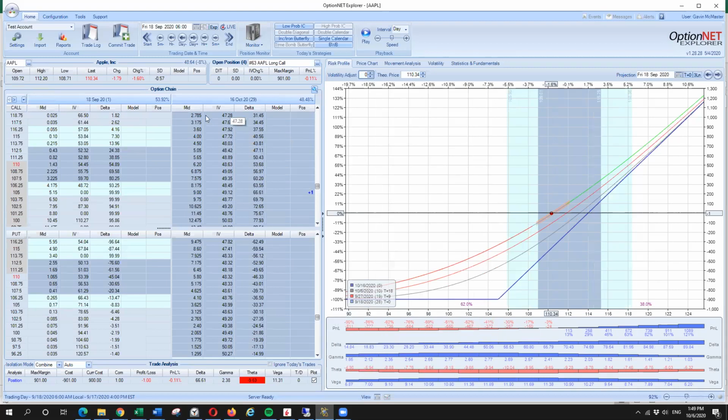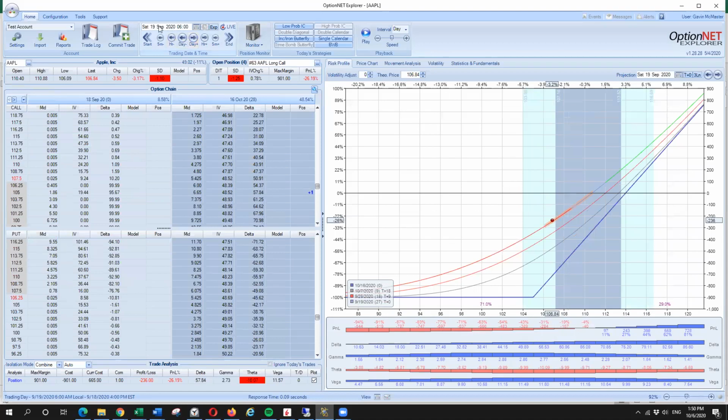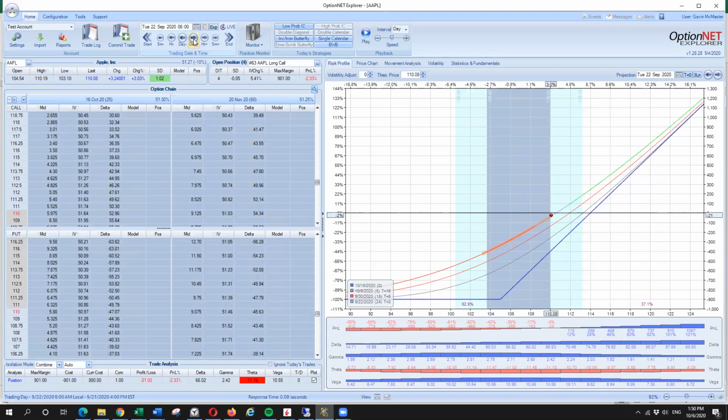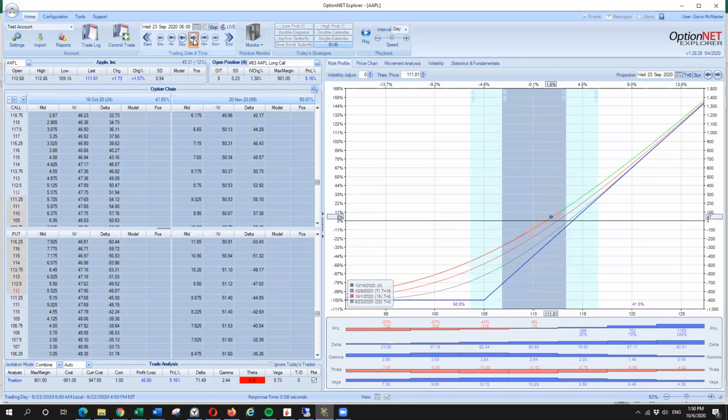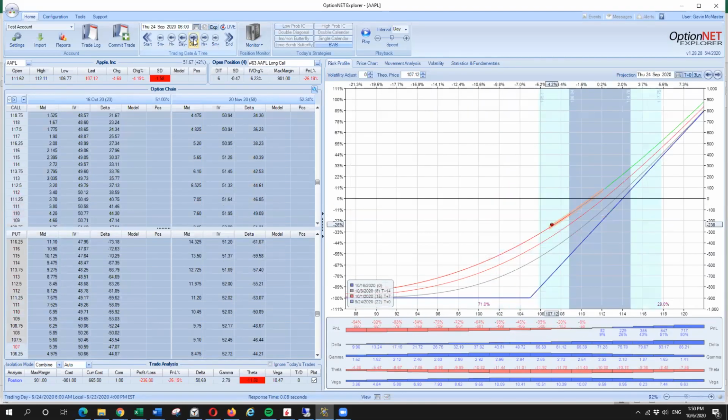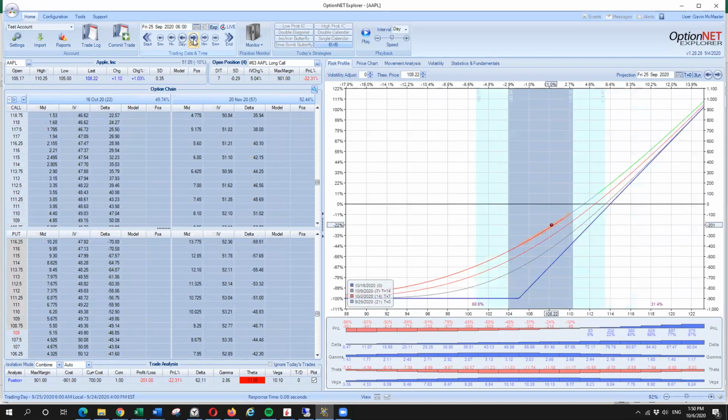What I want to do here is just walk through this trade using Option Net Explorer, the back testing. So we'll just fast forward day by day here. These dates are in Australian time, by the way, so this would be Friday afternoon in the US. You see the stock drops on the first day, the trade loses and rebounds back up and back down again.